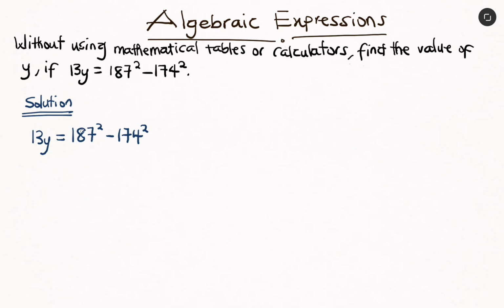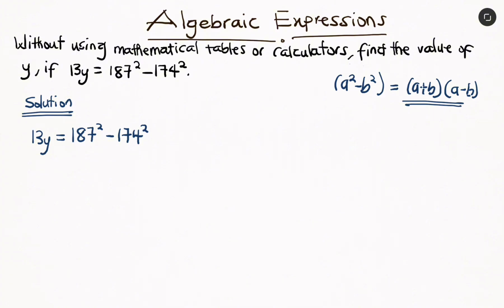Now the expression 187 squared minus 174 squared is of the form a squared minus b squared, which we can express in the form as a plus b multiplied by a minus b. So this expression that we have over here, 187 squared minus 174 squared, can be expressed in this form as a plus b multiplied by a minus b.